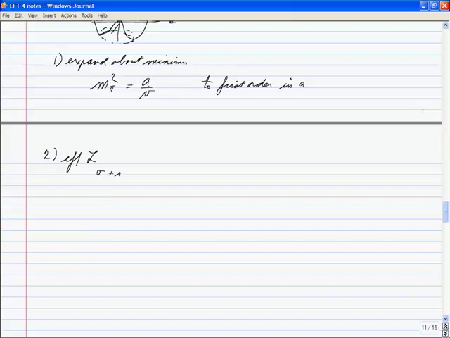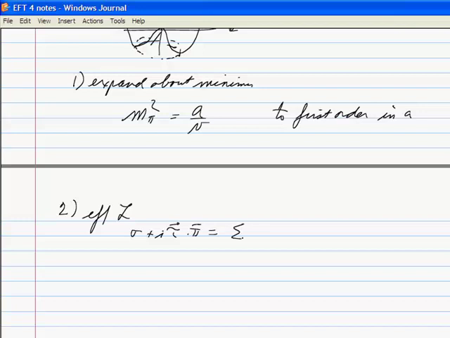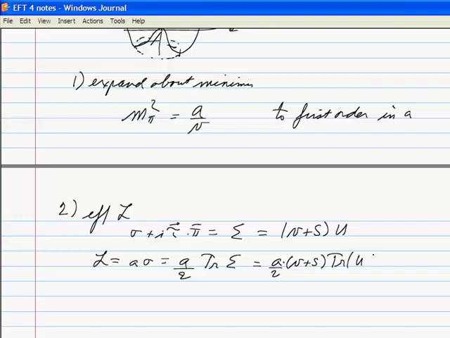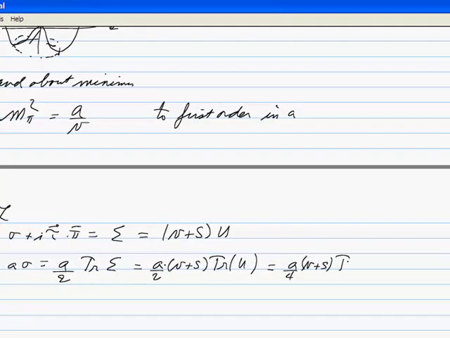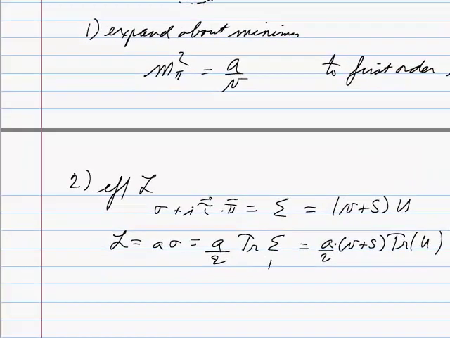Okay, so recall that sigma plus i tau dot pi was what we called capital sigma, which we called V plus S times U. So if I write the Lagrangian term A sigma, that's A over 2 times the trace of big sigma, which is A over 2 (V plus S) trace of U. I could, if I want, make this A over 4 (V plus S) trace of U plus U dagger, since it's the same; I could have written sigma plus sigma dagger over 2 if I wanted to.